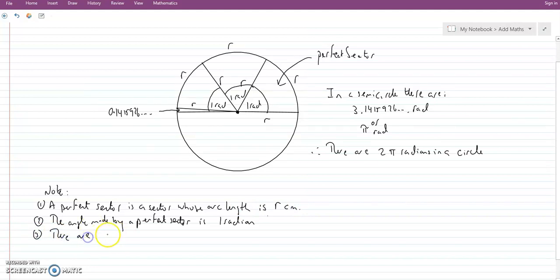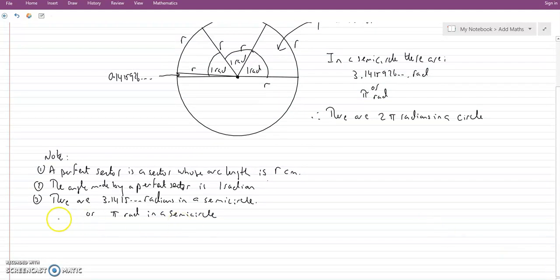Note 3: there are 3.1415 and so on radians in a semicircle, and we know this number is pi, so there are pi radians in a semicircle.